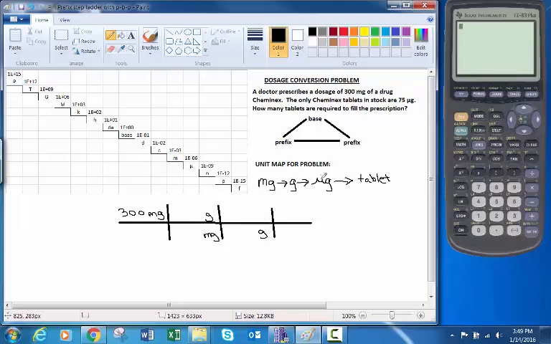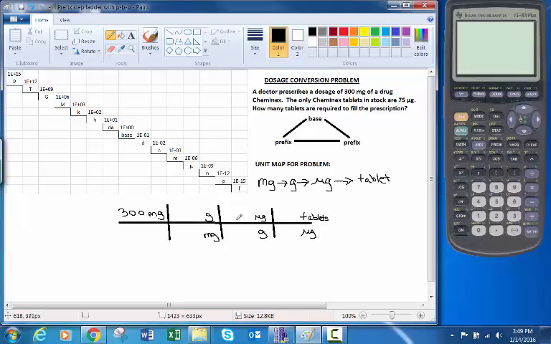And we're going to change those grams into micrograms. We know from our problem that micrograms are related to tablets. So we'll put that information in this last part of our table.